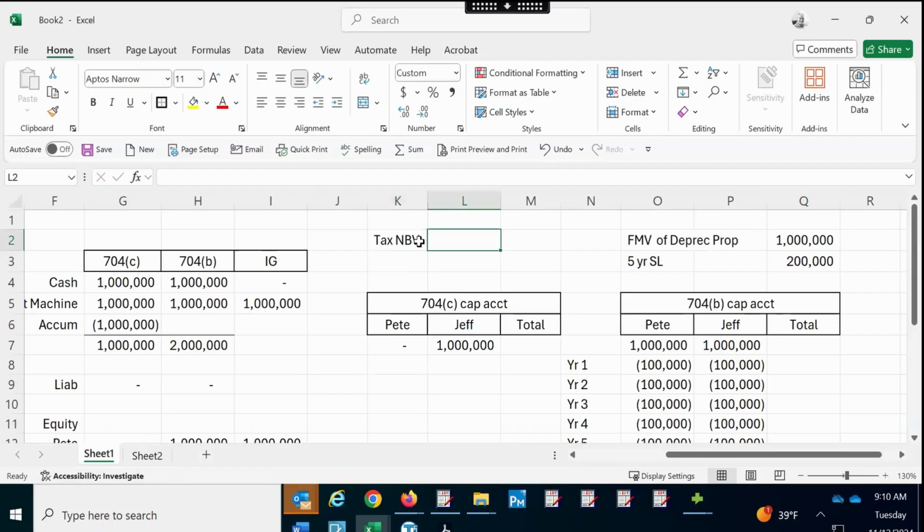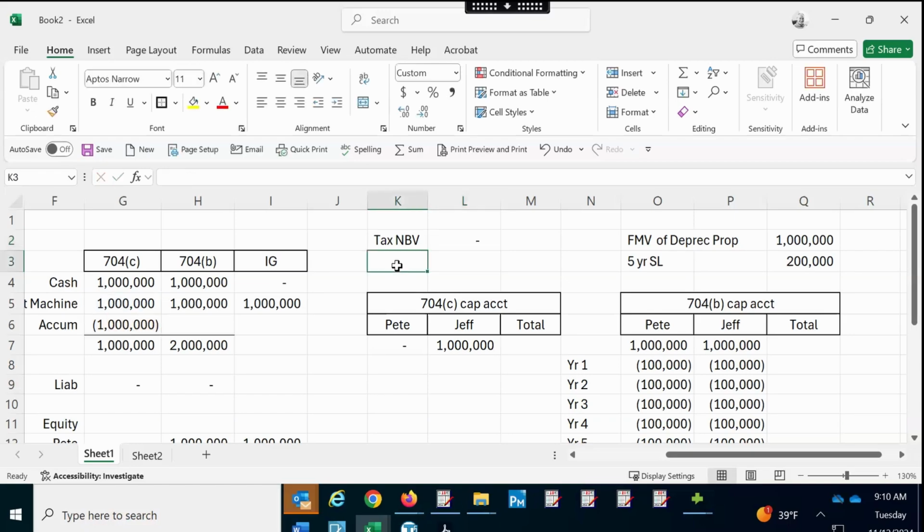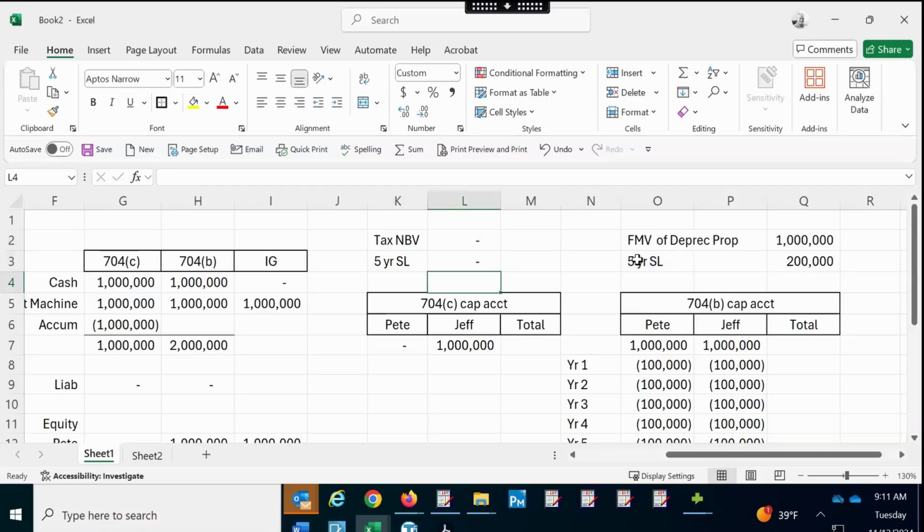How much is tax net book value? 5-year straight line. How much tax depreciation do I have?